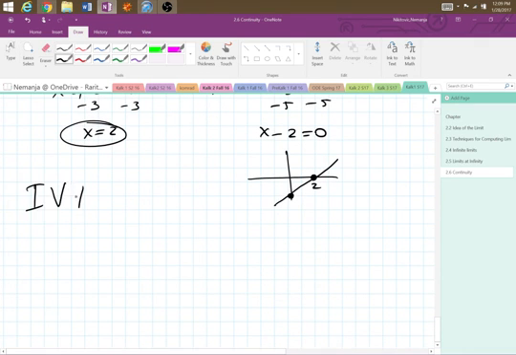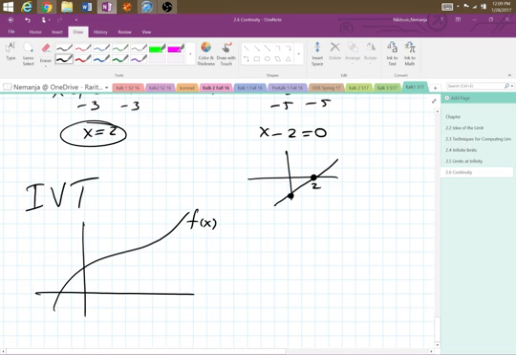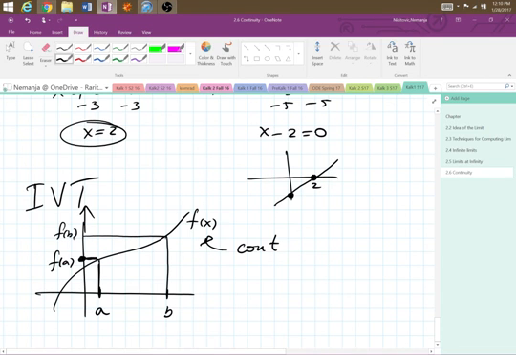Intermediate value theorem, on a picture. Here we have a continuous function f of x. I have a and I have b. A has a corresponding f of a on the y-axis, and b has a corresponding f of b.